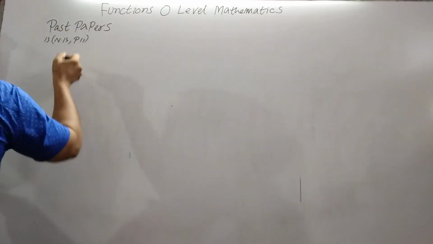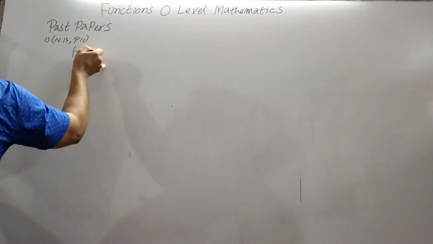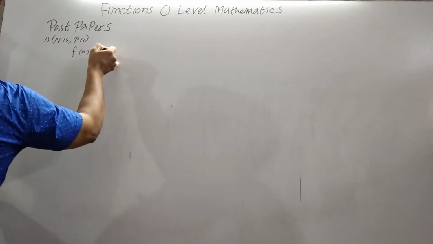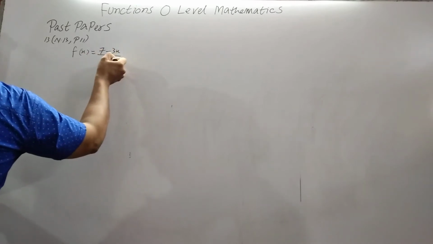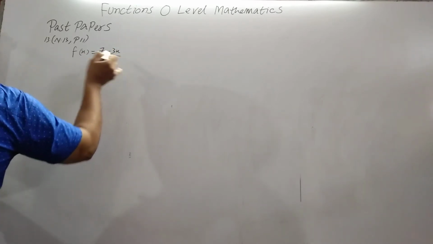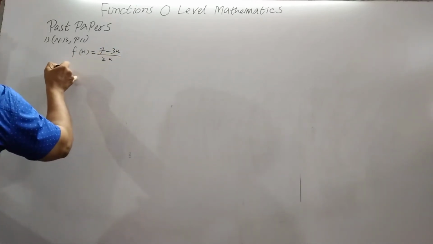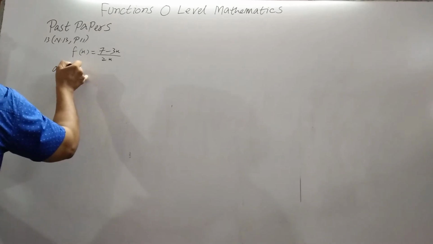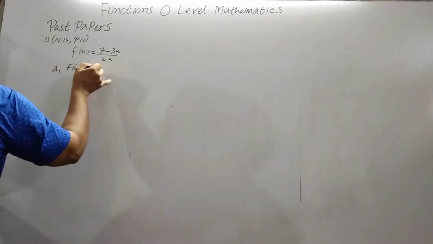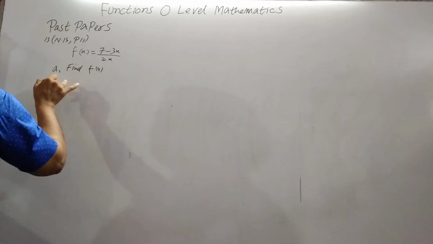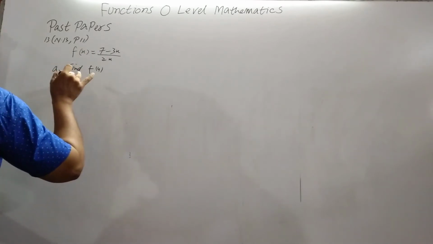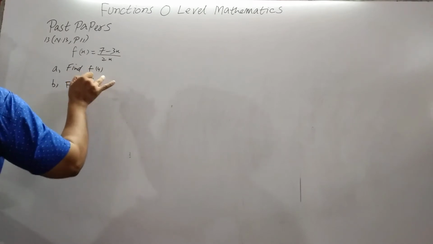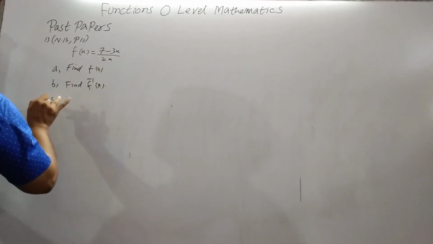Okay, and the question is f(x) is equal to 7 minus 3x upon 2x. Part A, find f of 4, and part B is find f inverse of x.